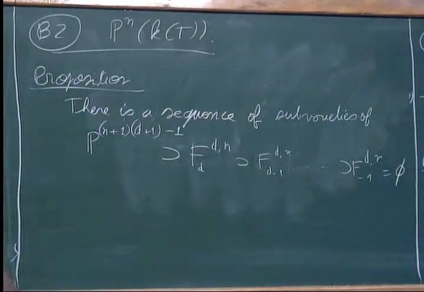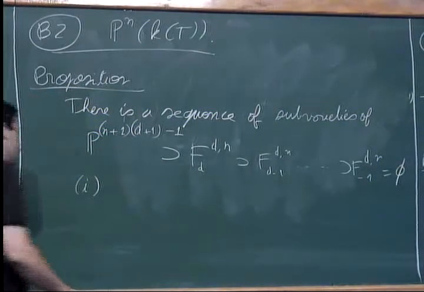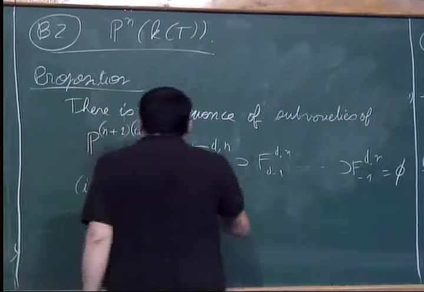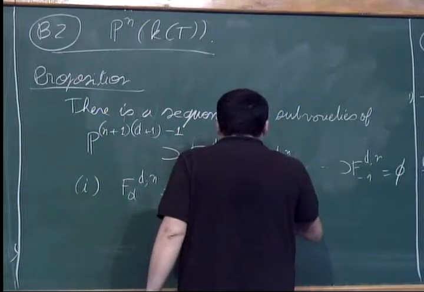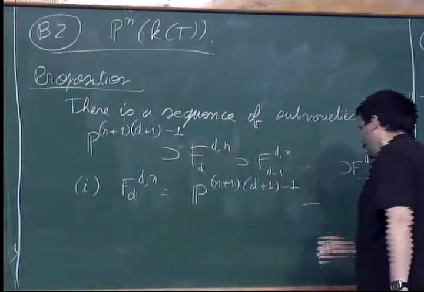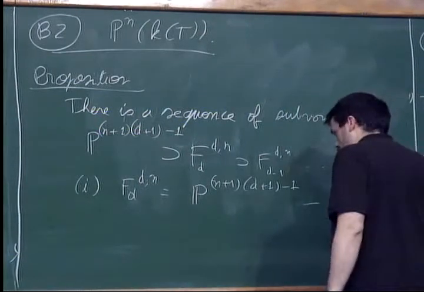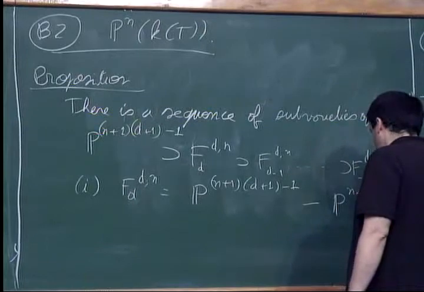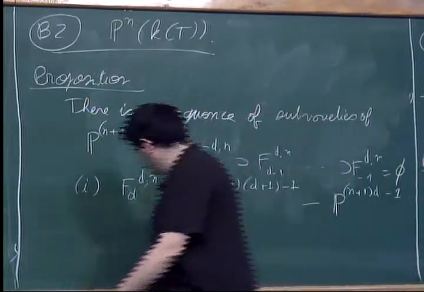So first of all, F_d^n in P^((n+1)(d+1)-1) is an open subset of this projective space, which is obtained by removing a subspace of dimension, well, I think it's (n+1)d minus 1.